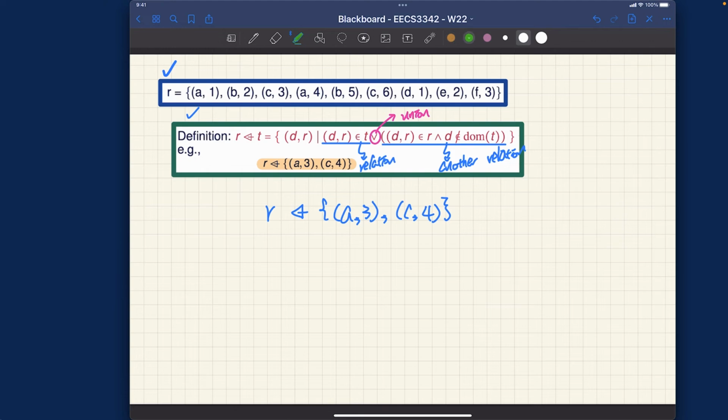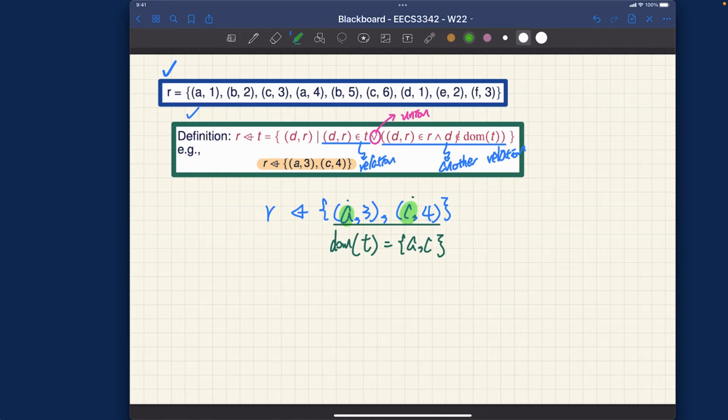First, focus on this relation over here, which is the T that we talked about. And we know the domain of T is simply A and C. Let me highlight it. The domain is A and C.